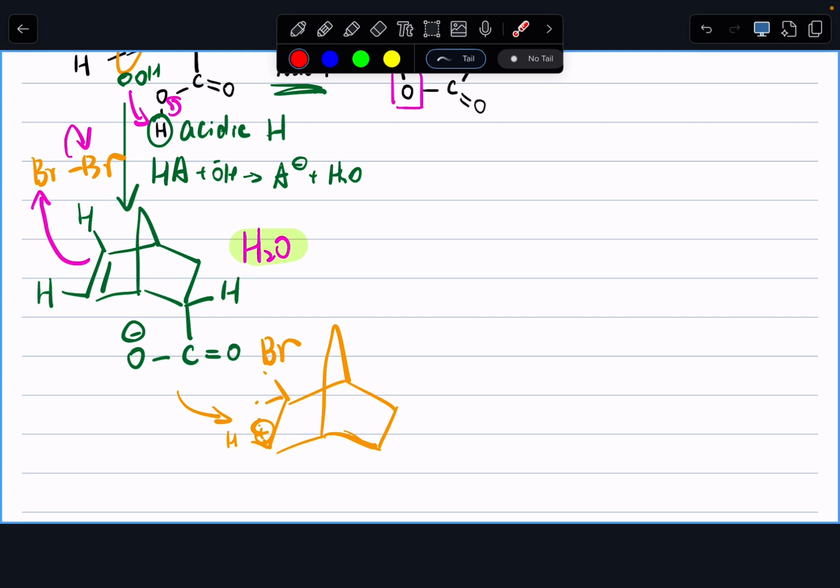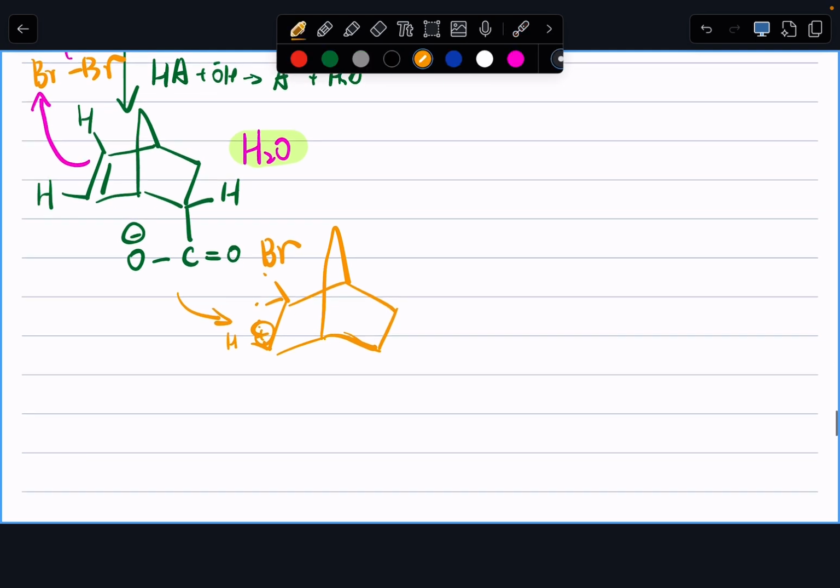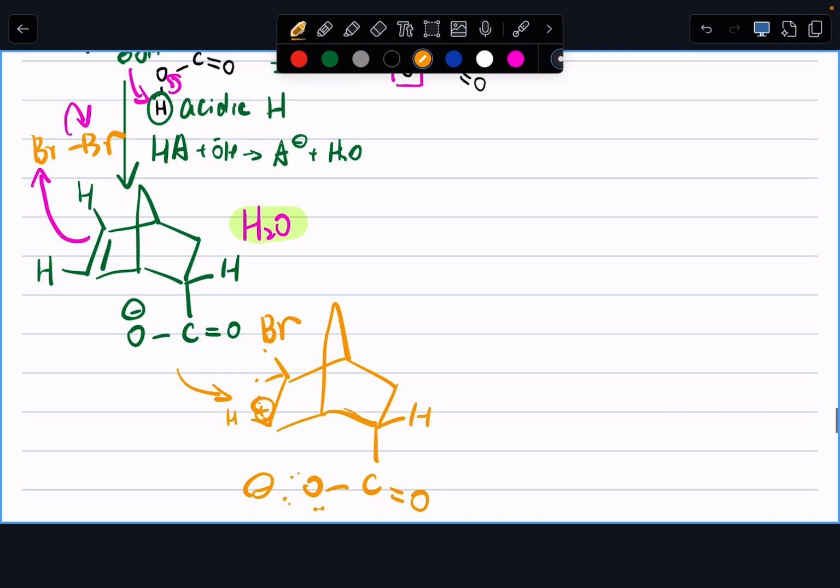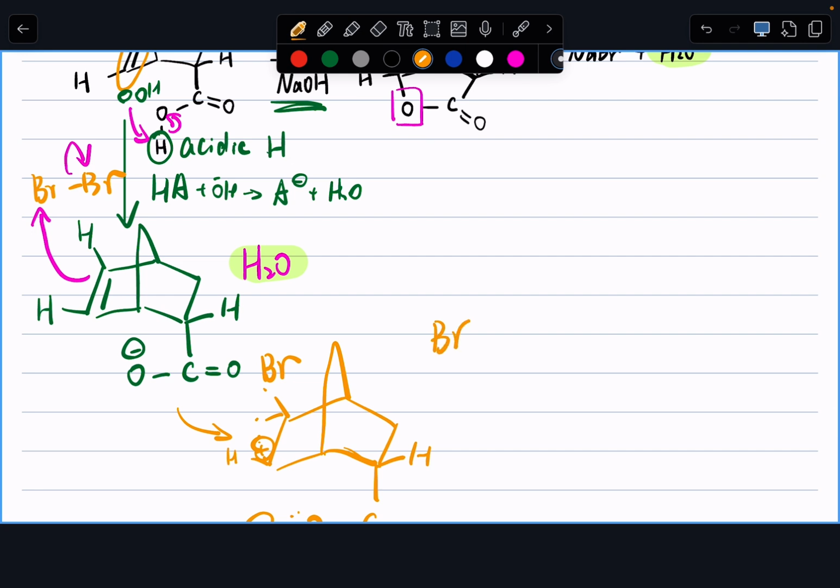And I'll take questions after I finish. So you know that this is a bridged bromine. And we have carbon, oxygen, and the carbonyl with the negative sign on the oxygen. And the side product here is a Br minus.